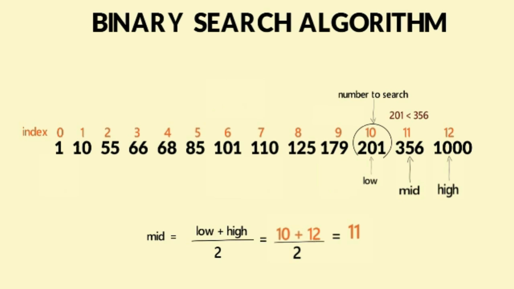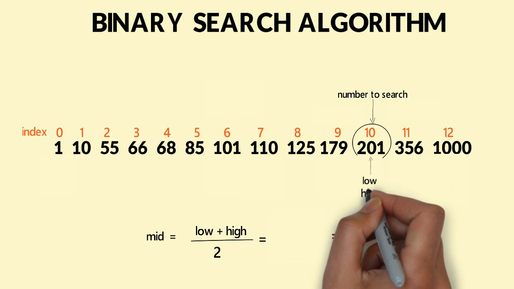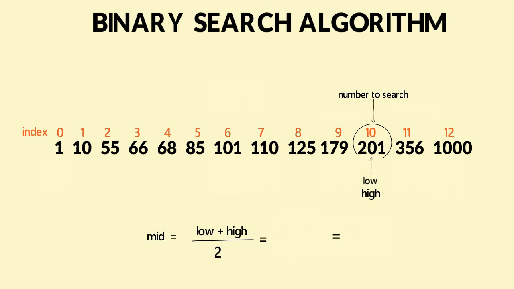So now we move the high pointer to mid minus 1, which is the 10th position. So our high is at the 10th position, our low is at the 10th position itself, and our mid also is at the 10th position.